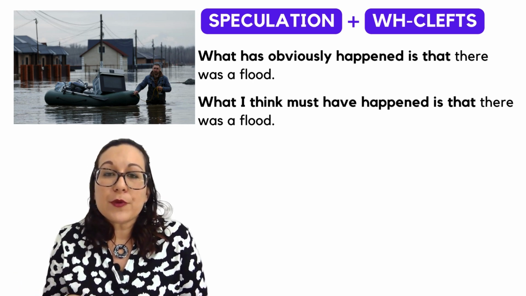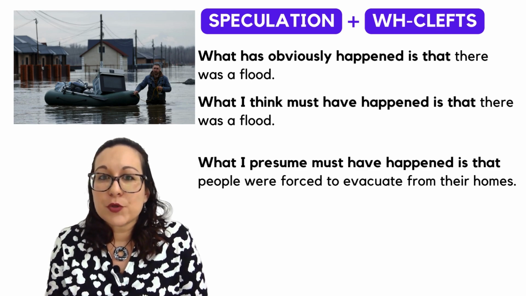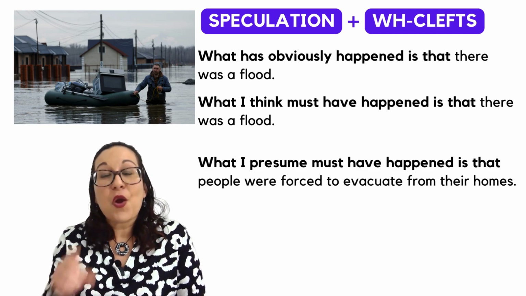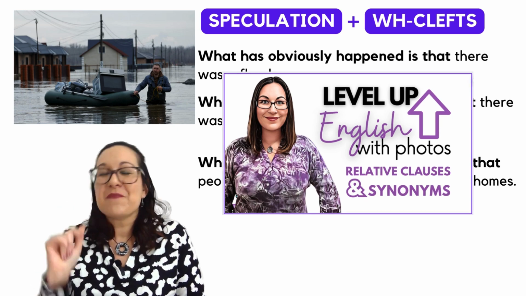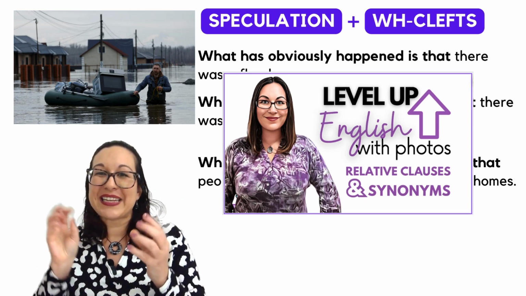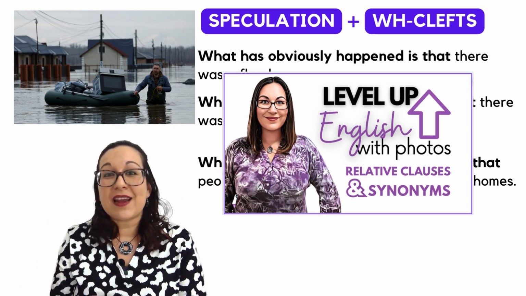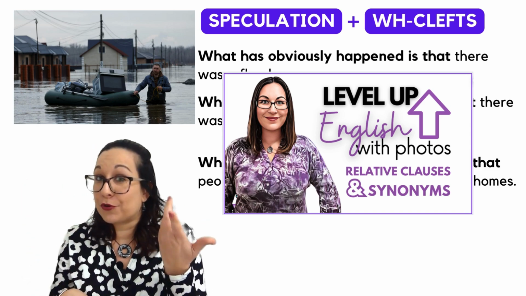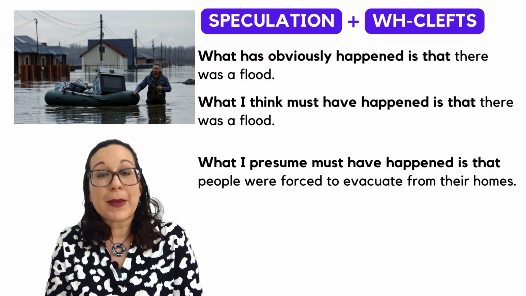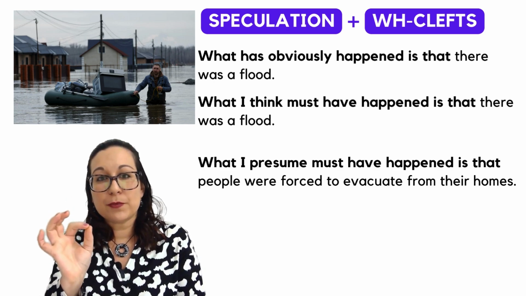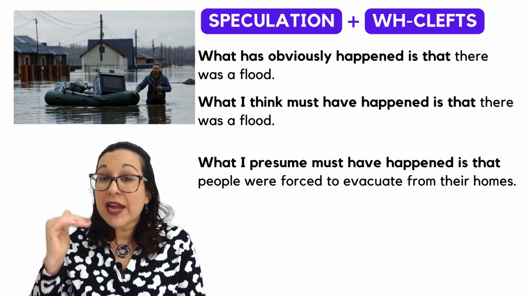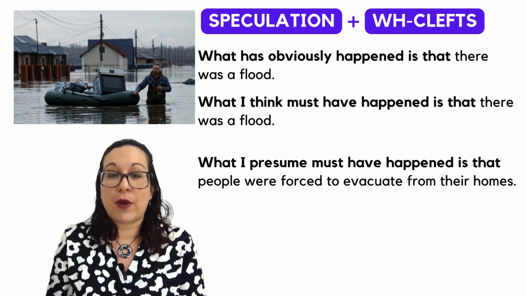But in number 3, I'm using presume. We looked at this in my other video about the cherry blossom tree and the difference between assuming and presuming things. Remember, if you presume something, you've got a high probability that you are right.